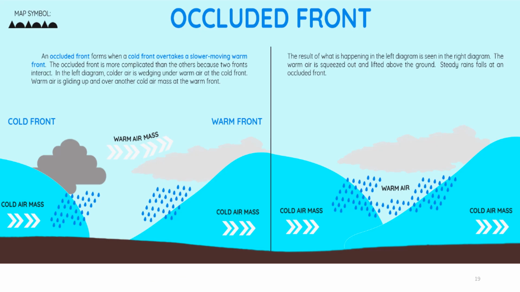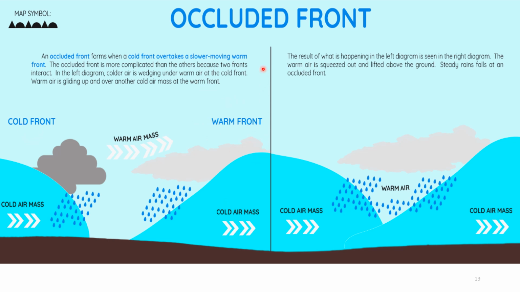This is another diagram showing the occluded front, because since the occluded front forms when a cold front overtakes a slower moving warm front, as I've mentioned, the occluded front is more complicated than the others, because as you can see, two fronts interact, the cold front and the warm front.